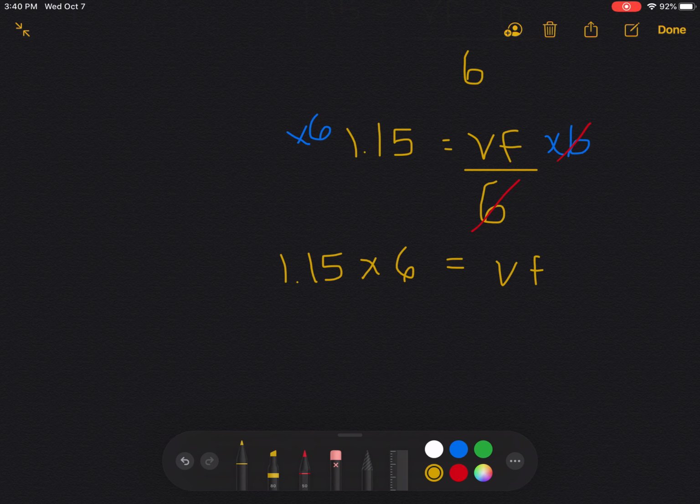So if we do that out in our calculator, we will get an answer that hopefully is right. So when I do that on my calculator, I get 6.9. That's a velocity, so that's in meters per second, okay?